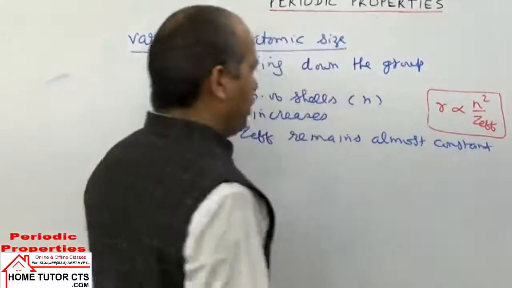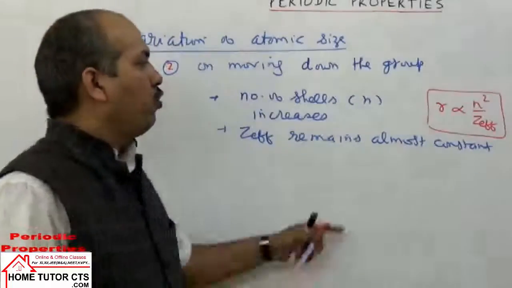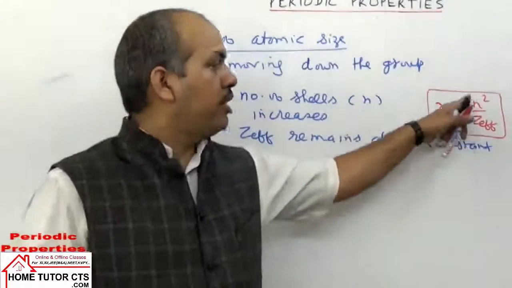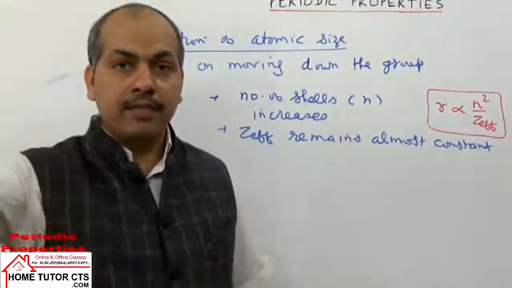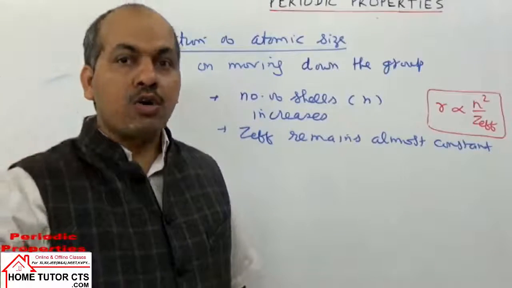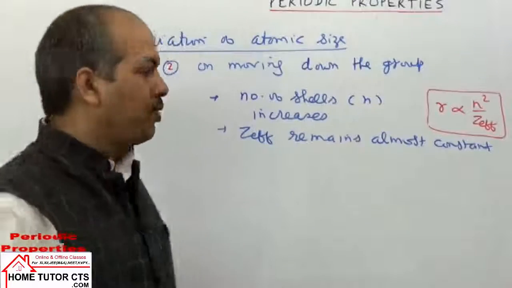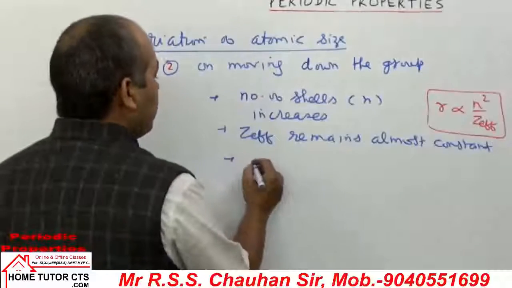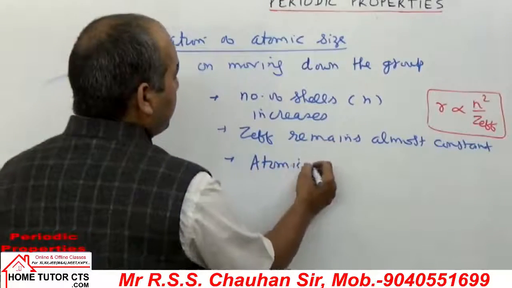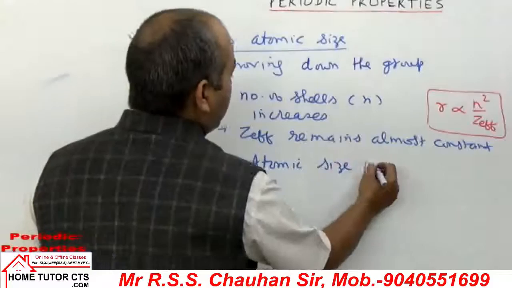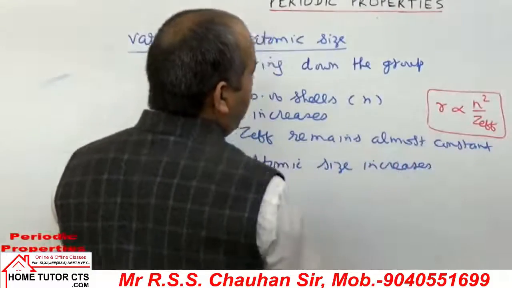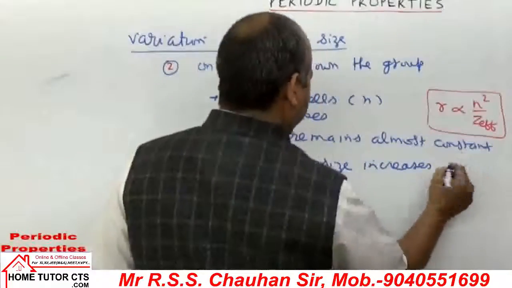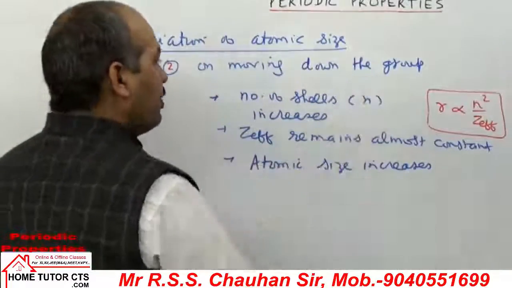So what happens when effective nuclear charge is almost constant but number of shells are increasing? For the outermost shell electron, attraction decreases. Attraction decrease means the atomic size increases on moving down the group.